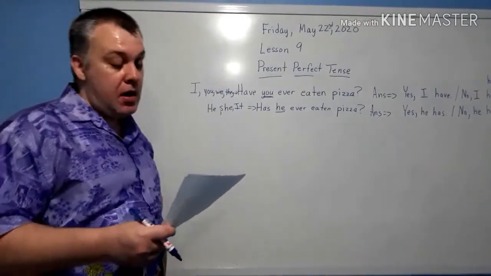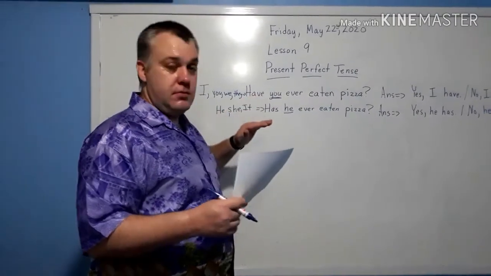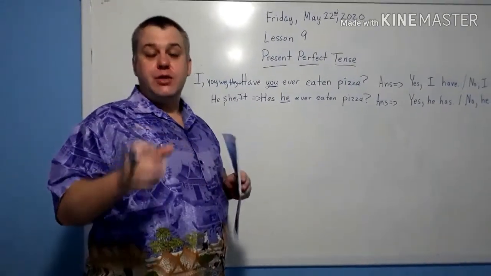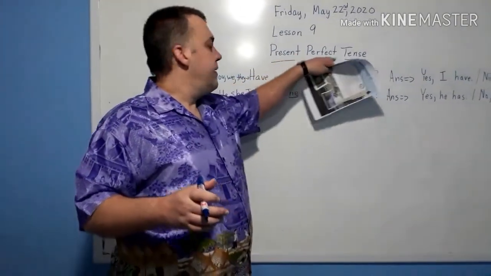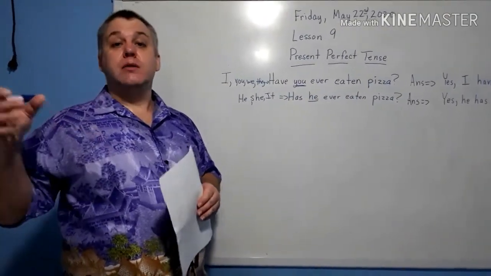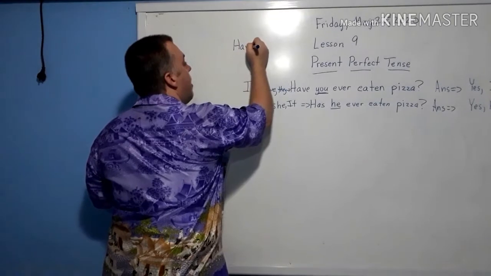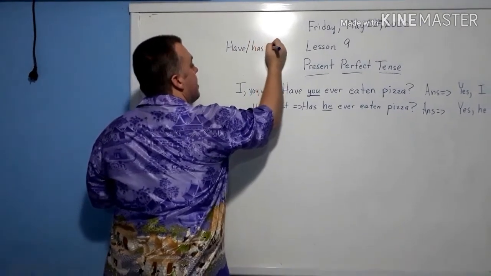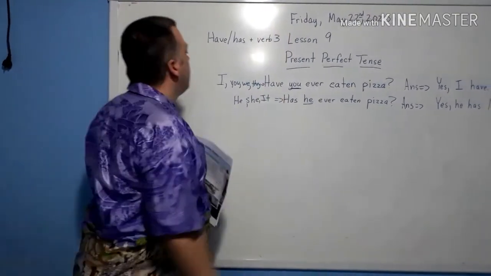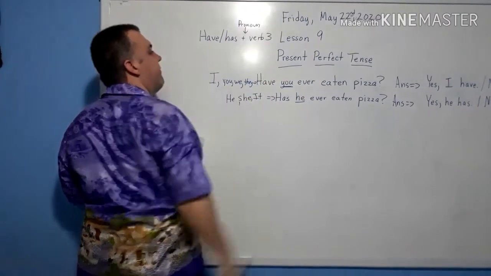So, what you need to do, you use have, verb 3. Okay? Whenever you see the present perfect tense, you use verb 3. Have or has plus verb 3. So we would have or has plus verb 3, pronoun and verb 3.